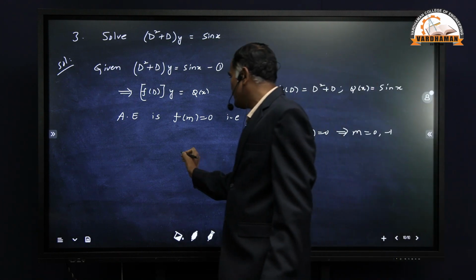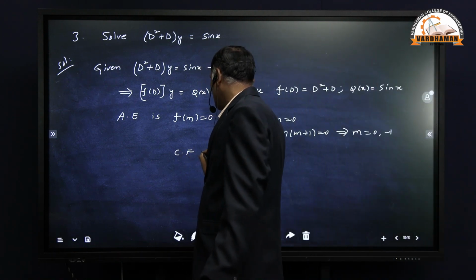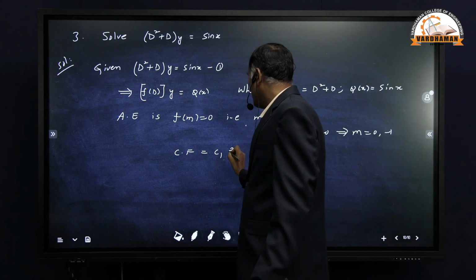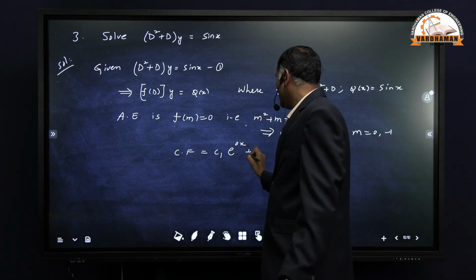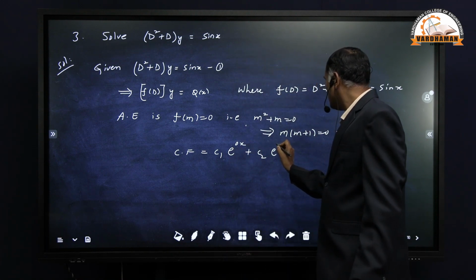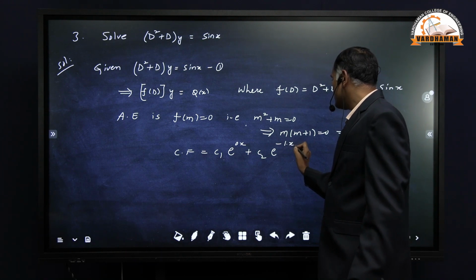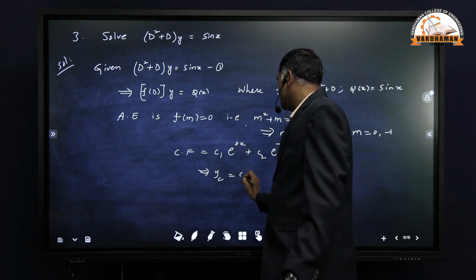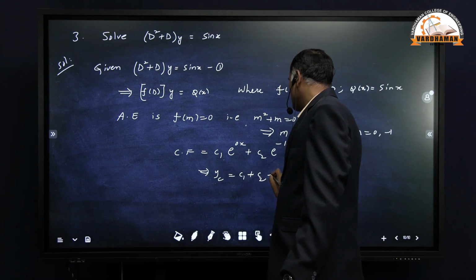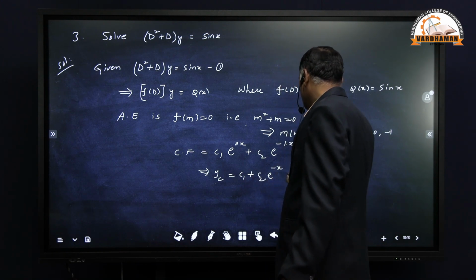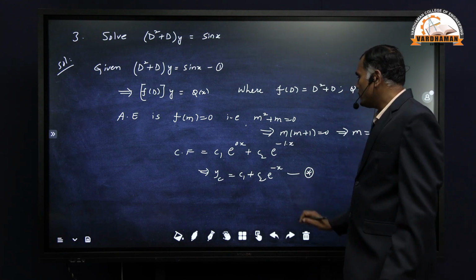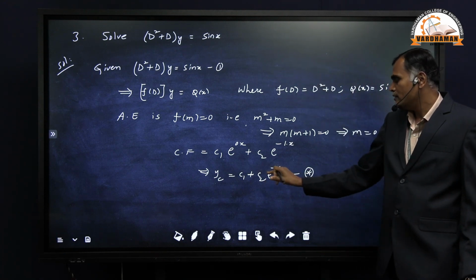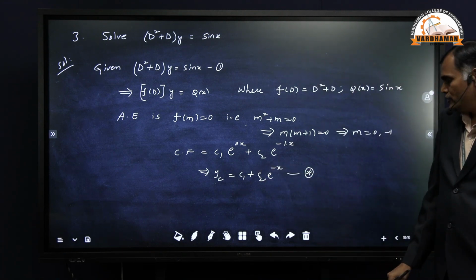So write down the complementary function as c1 e power 0 into x plus c2 e power minus 1 into x. This is nothing but yc equals c1 plus c2 e power minus x. Now this is the complementary function of this problem, where c1 and c2 are arbitrary constants.